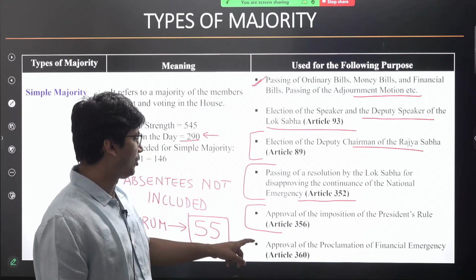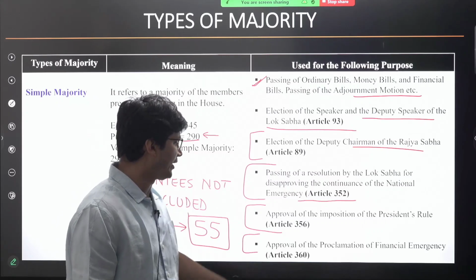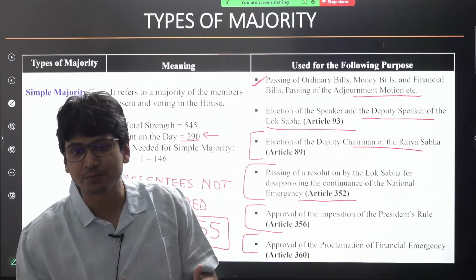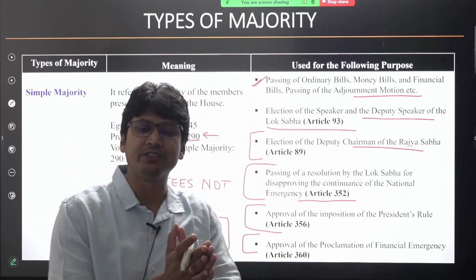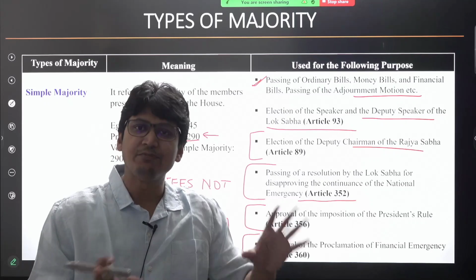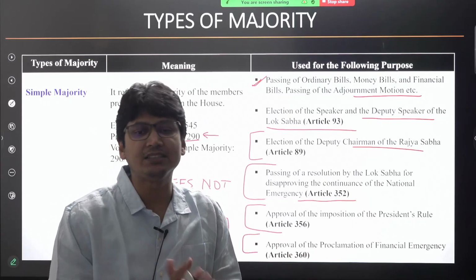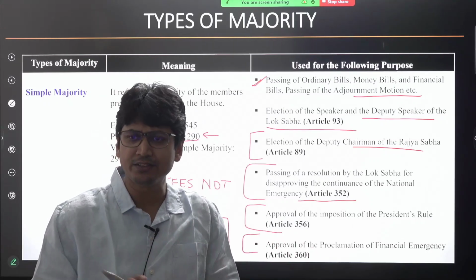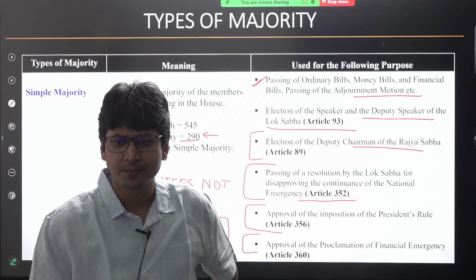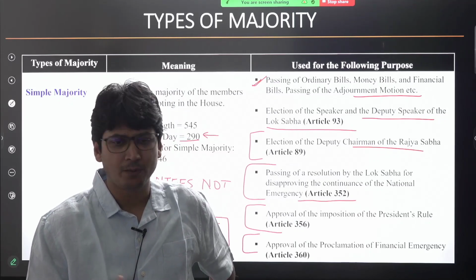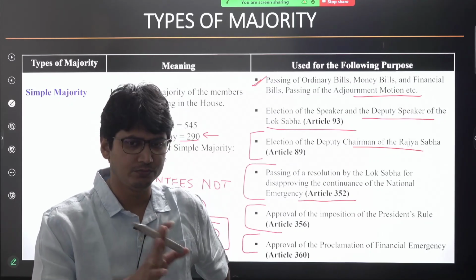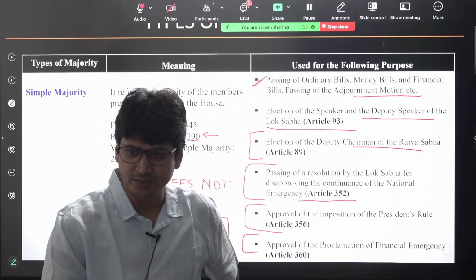And approval of proclamation of financial emergency under Article 360 as well. So these are the provisions under the Constitution of India whereby the type of voting required is simple majority. Are you following this, Krishna? Amrutesh, I hope you understand, correct?